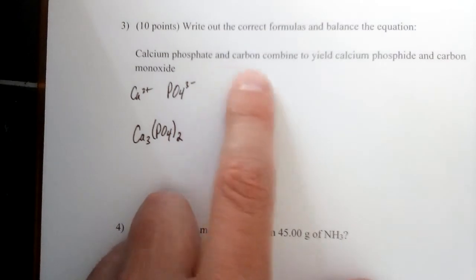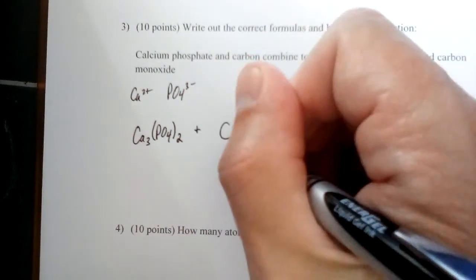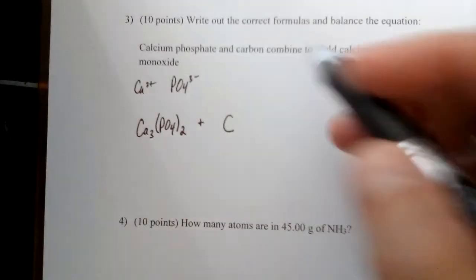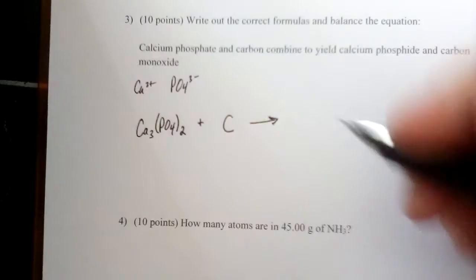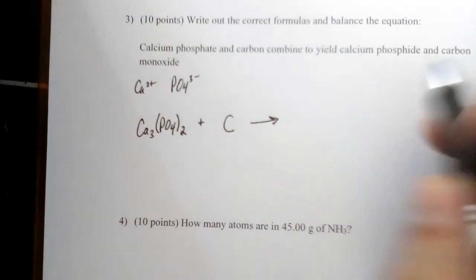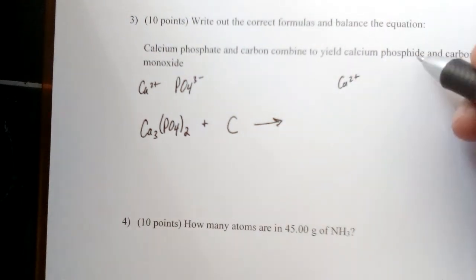Okay. Now, and carbon, so it's reacting with carbon. That shouldn't be too much of a challenge. Carbon is just C, right? Combined to yield, so that would represent the arrow in our reaction. And then the products here are calcium phosphide. So calcium, yeah, +2, we already identified that.